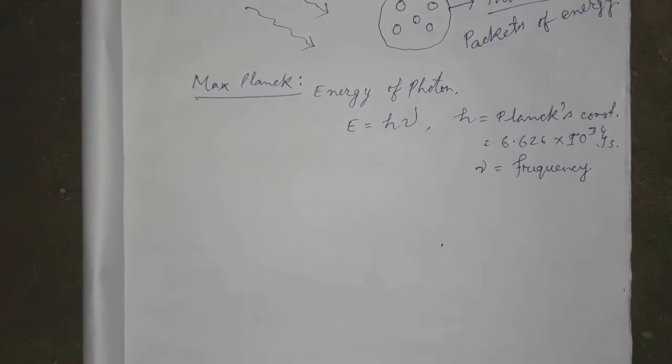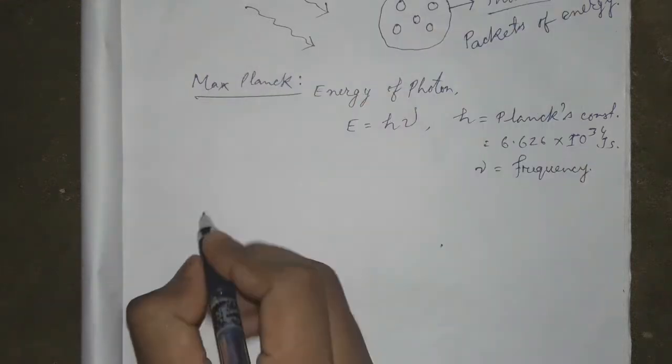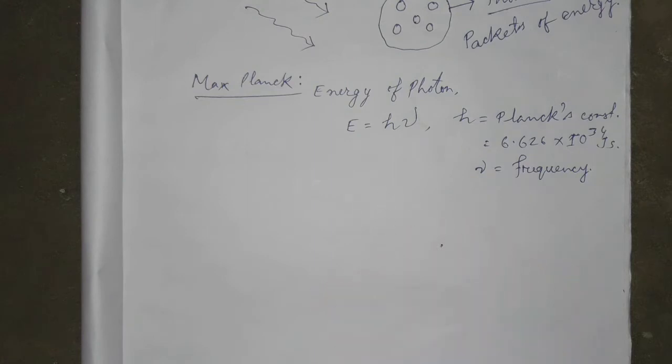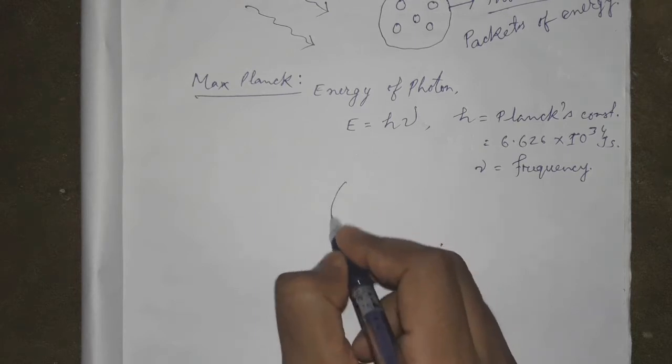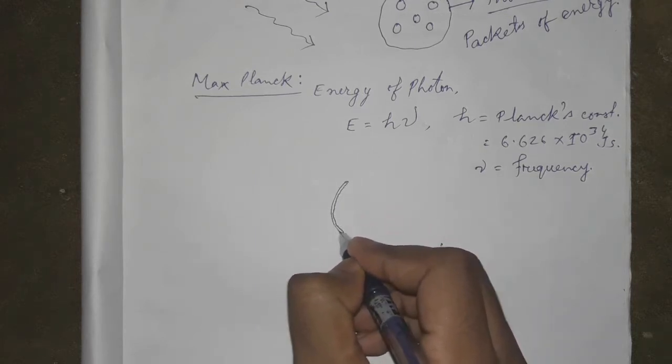So after this we'll come to the photoelectric effect. What is the photoelectric effect? Say for example, there is a metallic plate. Say this is a metal of cesium.